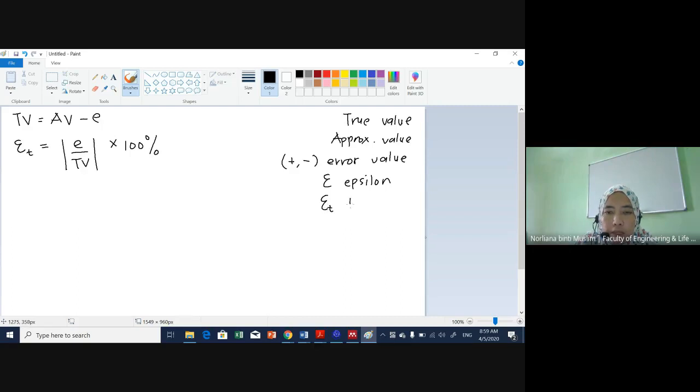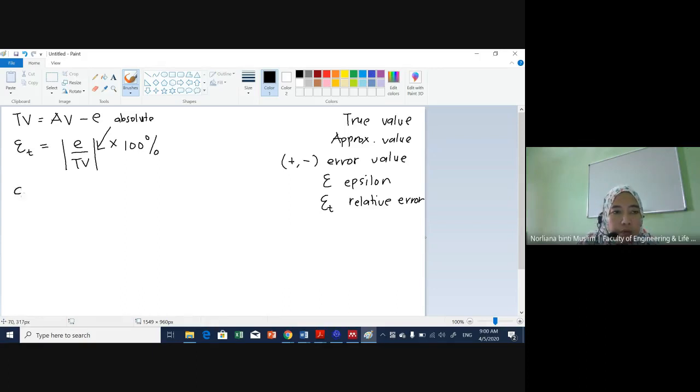This symbol means absolute. So if our calculation inside here is negative, you have to remove the negative, evaluating only to the positive. That is the meaning of absolute value in this calculation of relative error.